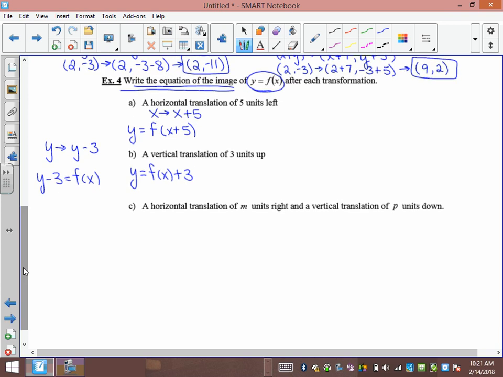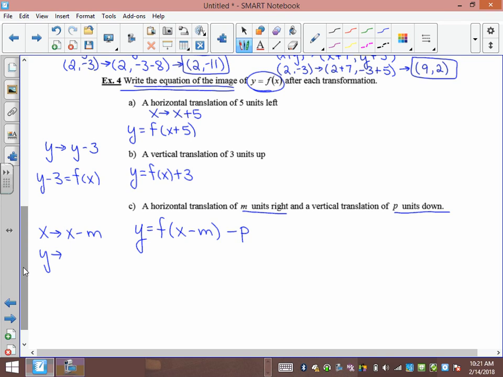We have a horizontal translation of m units right. So we're going to have y equals f of x, m units right. What am I going to get? X minus m. P units down. Minus p. If we did replacement notation, though, x would become x minus m, and y would become what?